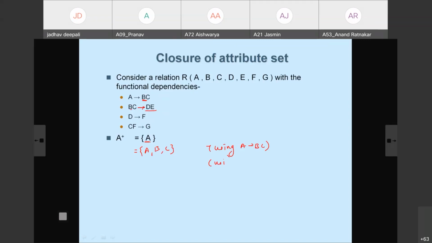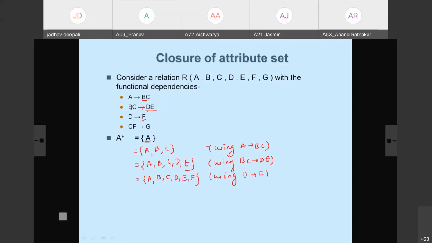So using BC tends to DE, I add here A, B, C and then D and E. Now the next one, F is determined from D and D is already in the result, and that's why using functional dependency D tends to F, I am going to add F here.